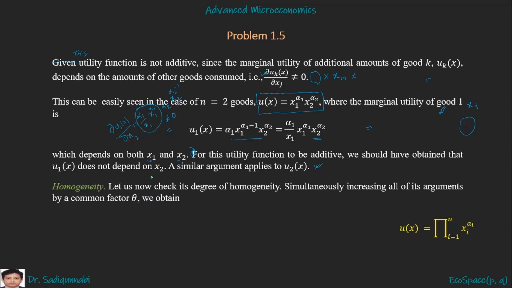Now let's check for homogeneity. We know that for homogeneity we need to increase both input and output, that means right hand side and left hand side, by a common factor. Let's take theta, and this is our original utility function. So let's multiply by theta both sides.